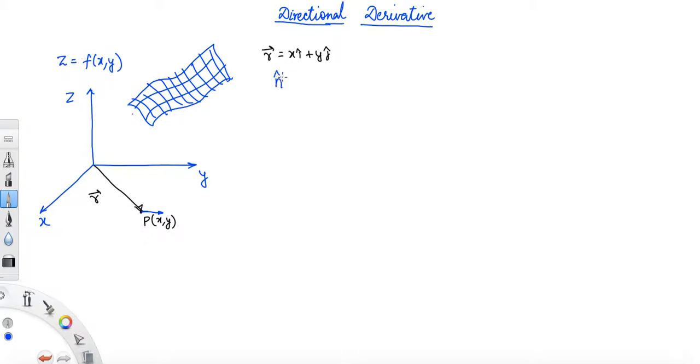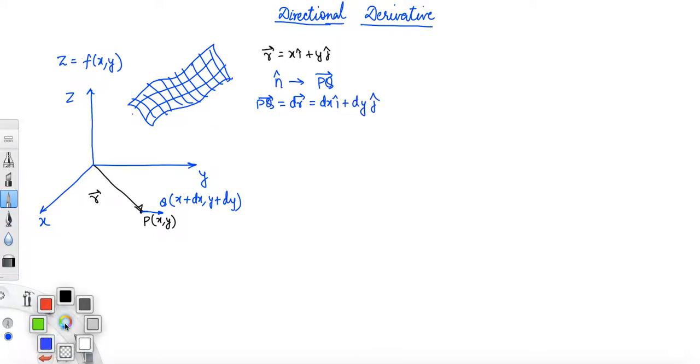So n cap is basically in the direction of pq vector. Here I have this q whose coordinate is x plus dx comma y plus dy. So we have this pq vector, which is the dr vector, equal to dx i cap plus dy j cap.